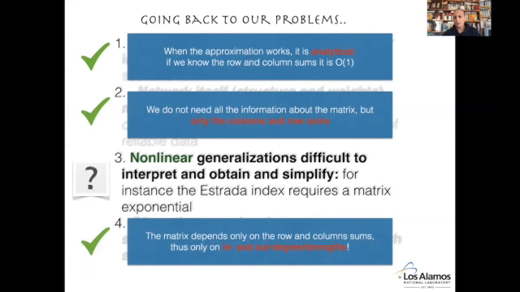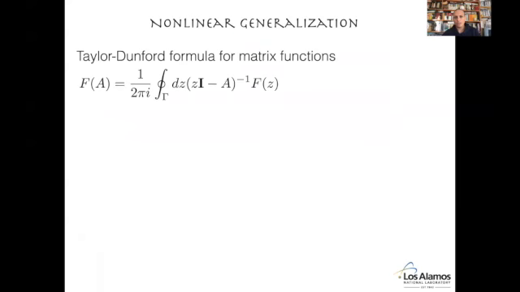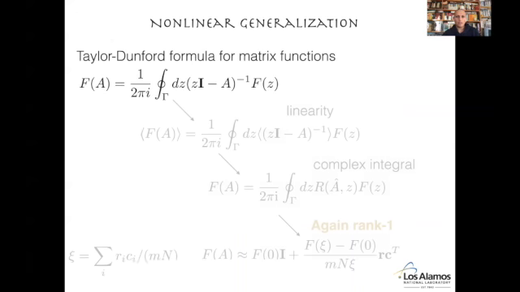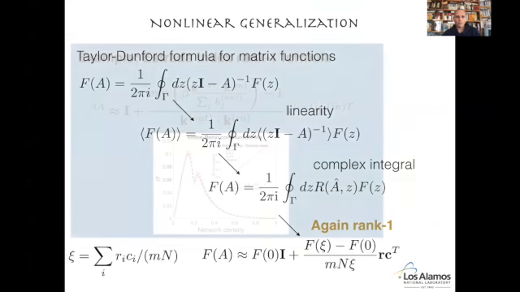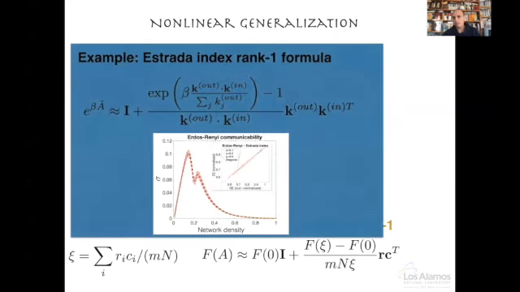Regarding the third point, there was the nonlinear generalization. Our averages can be performed also in the case of some nonlinear functions of the matrix A. And without going into more details, there is a formula also for any function of the matrix A if the function is analytic. For instance, one example is the Estrada index, in which a similar pattern of network density versus exactness of the formula applies.